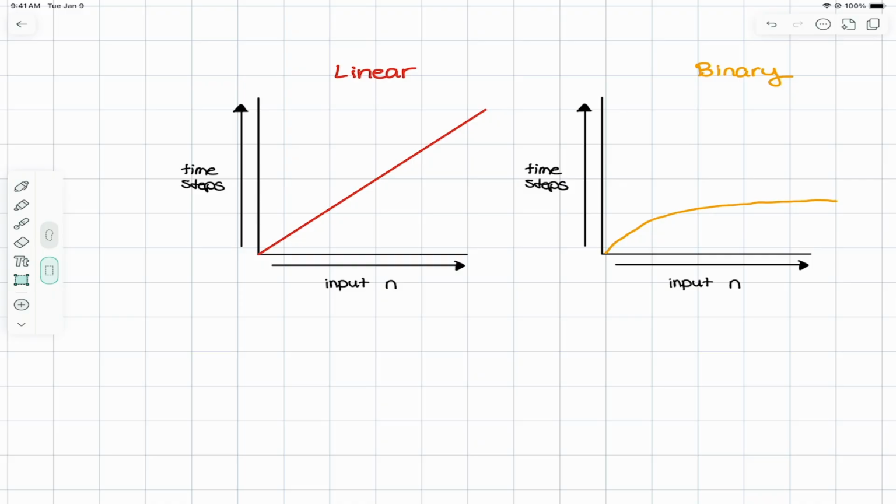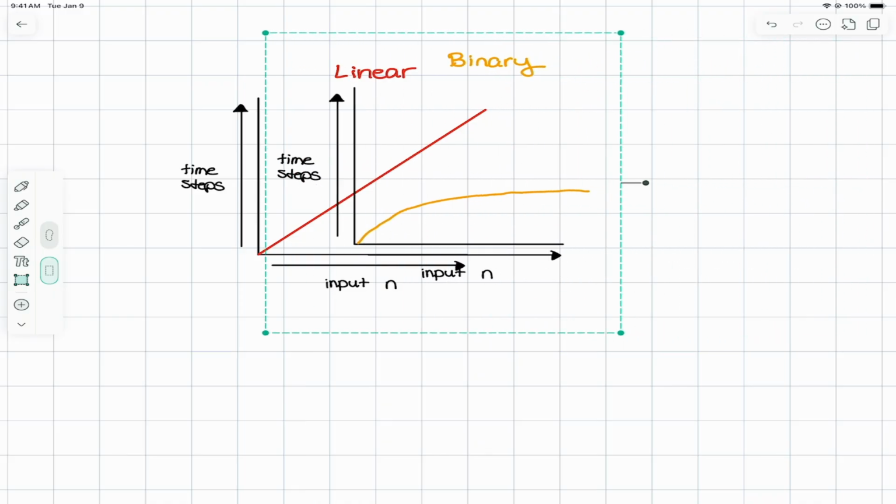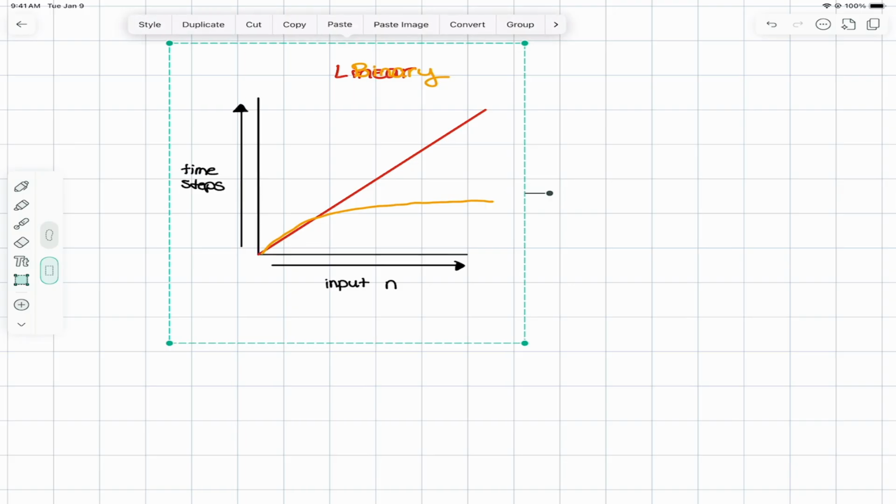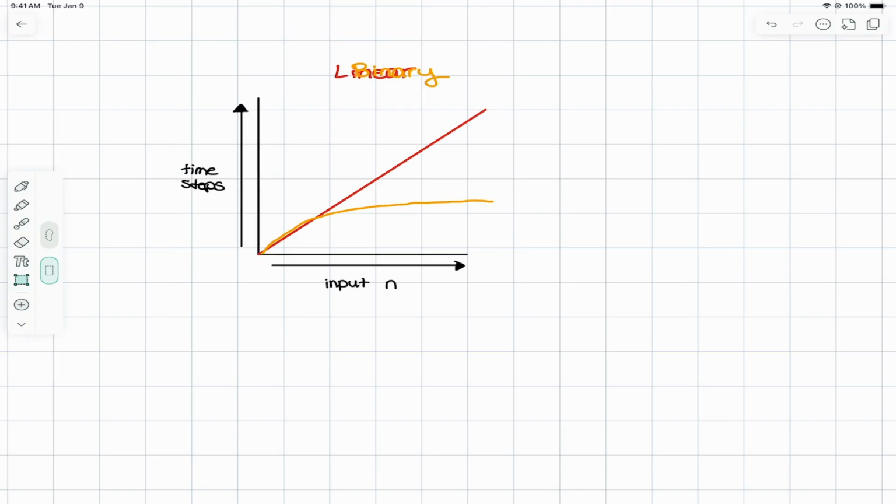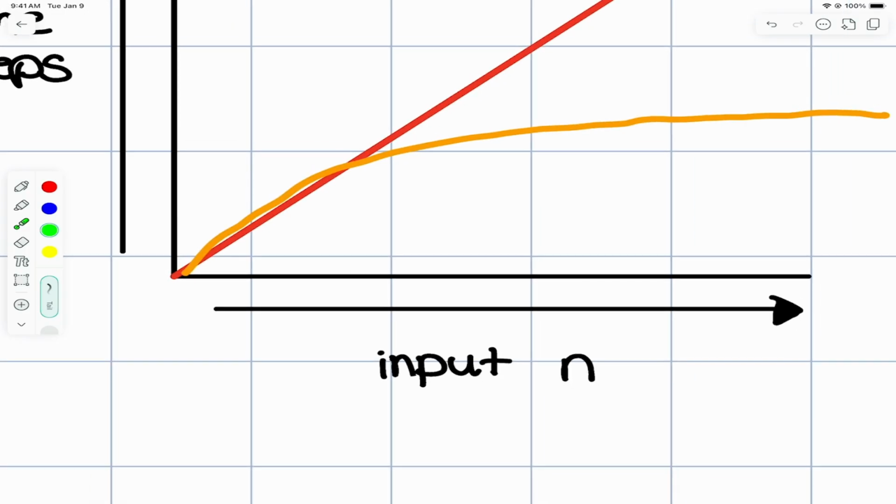And one of the best ways to showcase this is if I just pick up my binary search graph and I just place it right on top. We can even see that with this graph, there is a spot here where my linear search, right down here, is potentially faster than my binary search. And something like that could actually happen, and we'll talk more about it a little bit later.